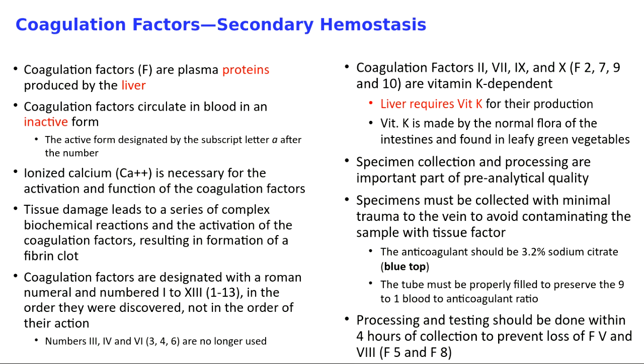So it inhibits vitamin K from actually finishing off and making those factors viable or ready to work. So remember, coagulation factors 2, 7, 9, and 10 are vitamin K dependent, and they are inhibited by the anticoagulant coumarin or warfarin.